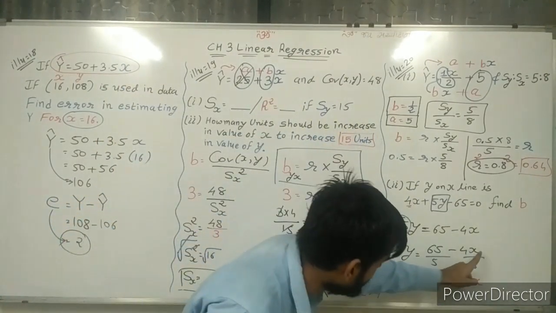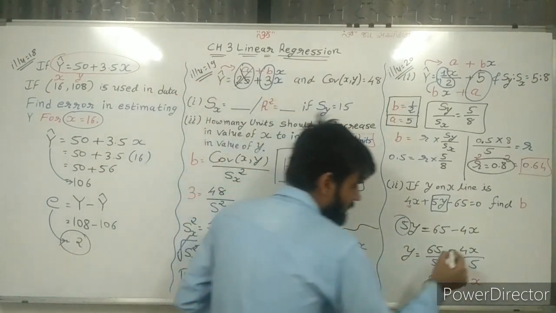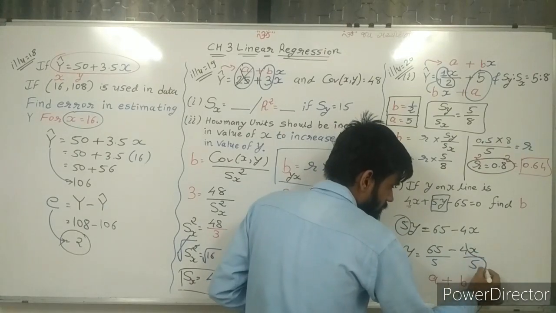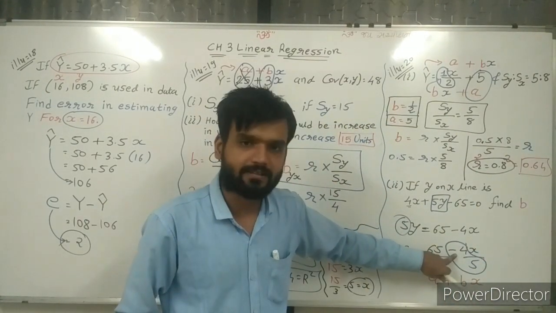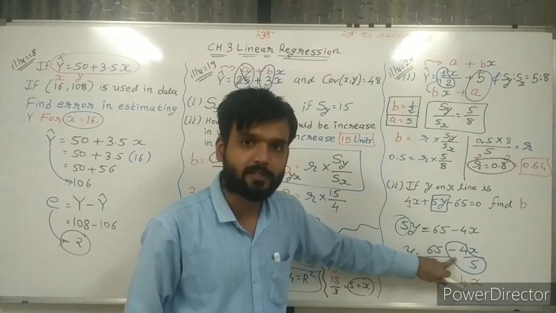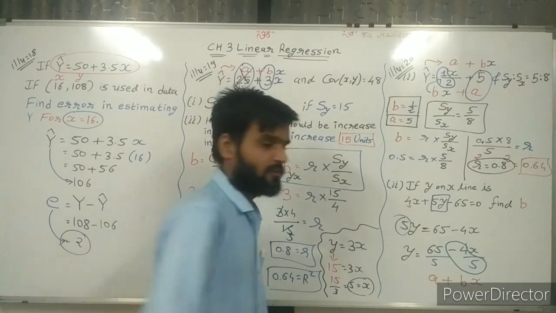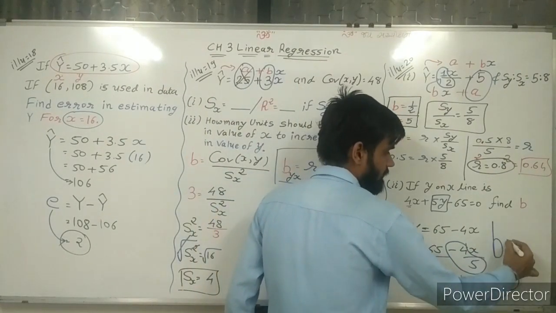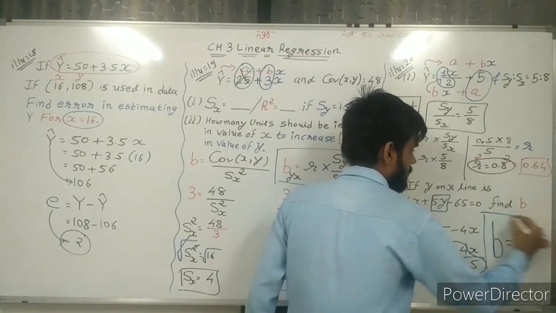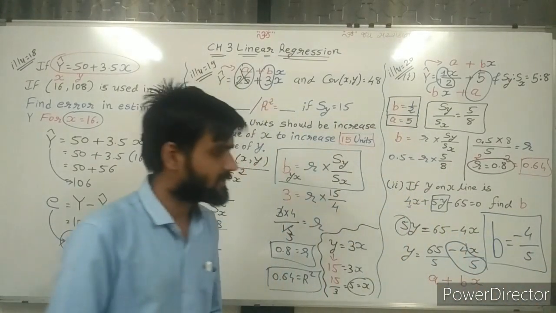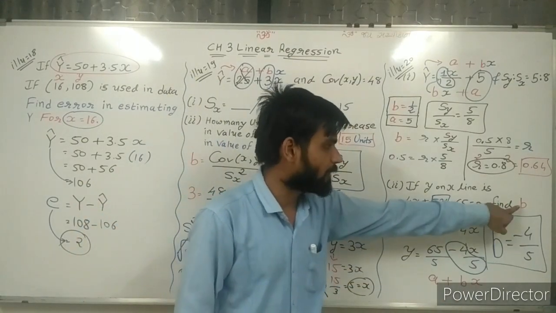Now see, what is with x? Here as a student you are making a mistake. You are not taking the sign. Here plus is given, here minus is given. So here b is equal to minus 4 by 5. So my value of b is equal to minus 4 by 5. This is the exact answer of b which we need to find in this.